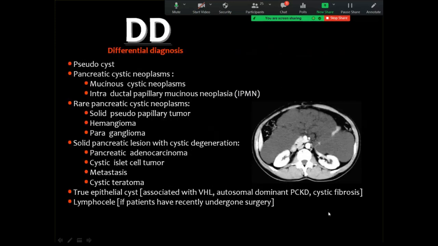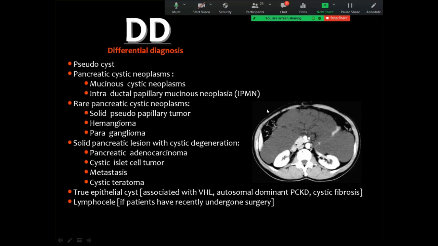And these are the differential diagnoses for the cystic lesions in the peritoneal cavity, like pancreatic or non-pancreatic pseudocyst, pancreatic cystic neoplasms, especially the mucinous type, because it has large size.